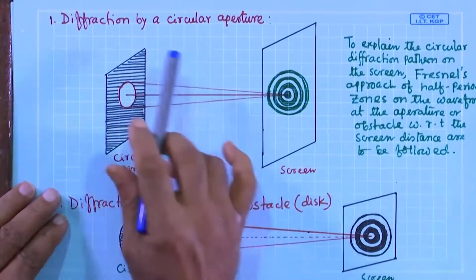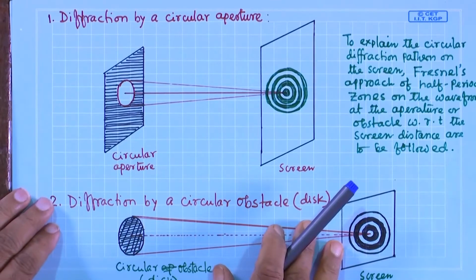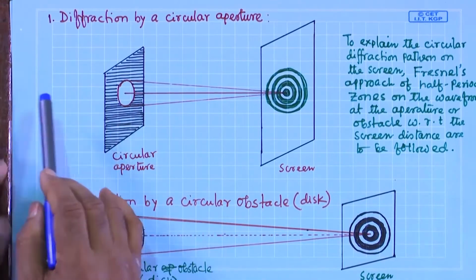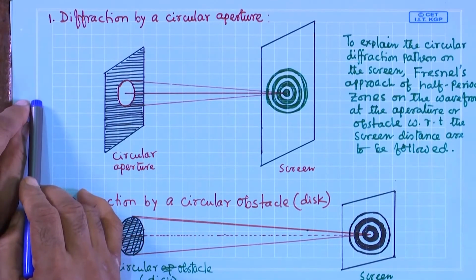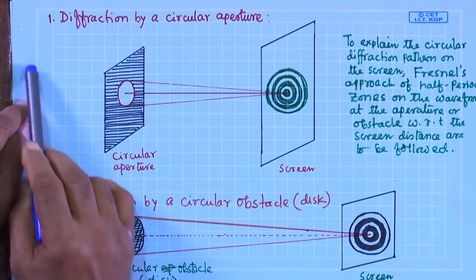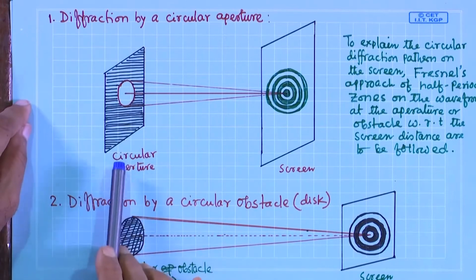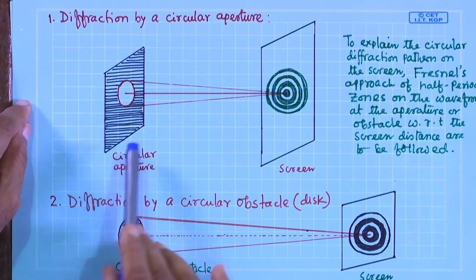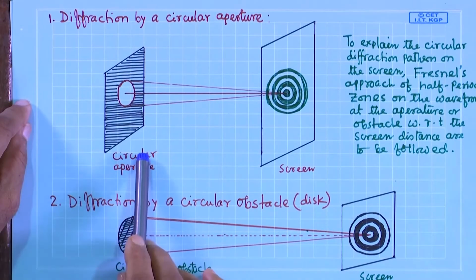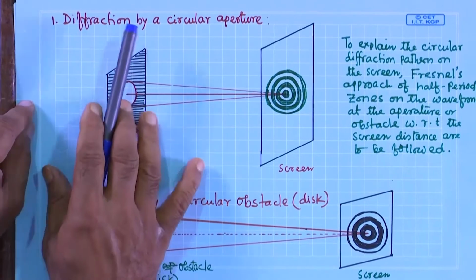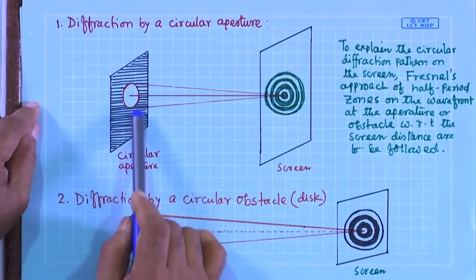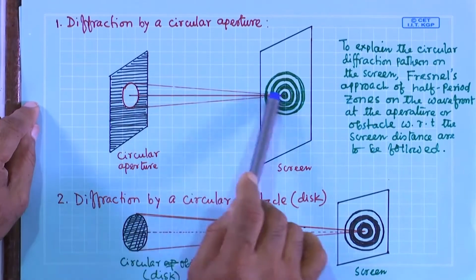Now, diffraction by a circular aperture. Suppose you have a source at a finite distance. Light comes from that source and falls on the screen or obstacle where there is a circular aperture. Light will pass through this circular aperture.